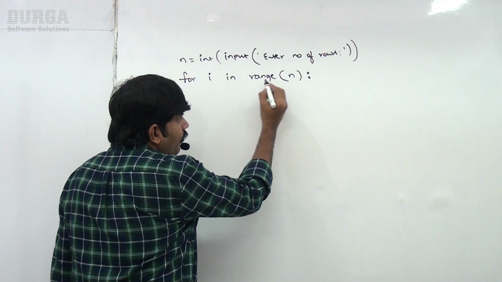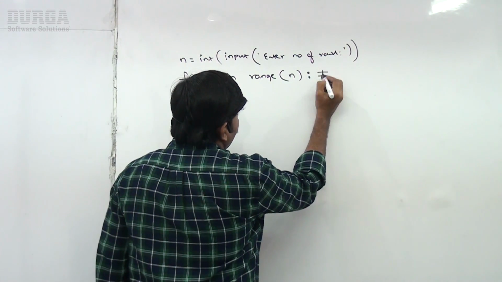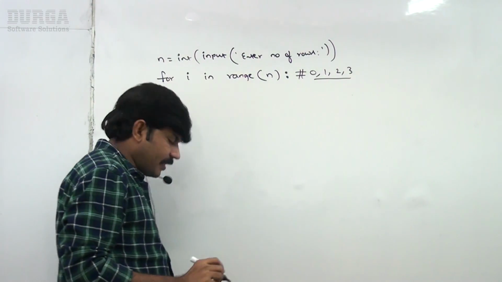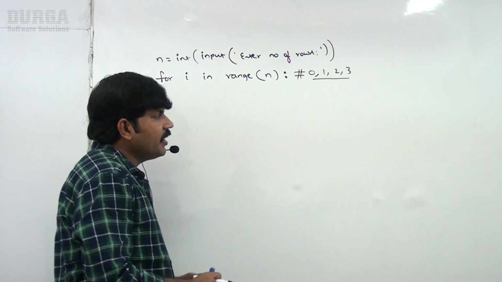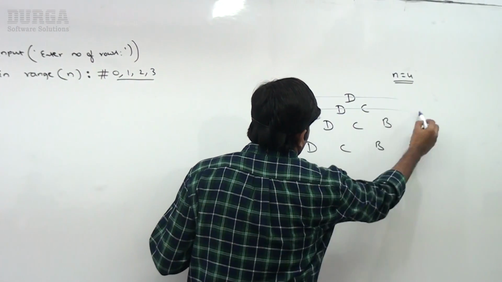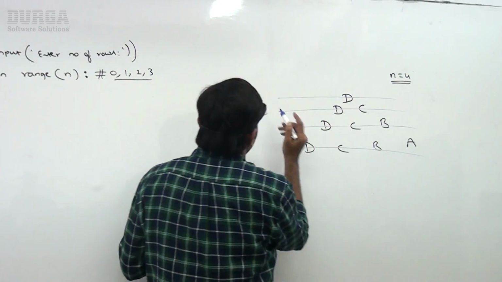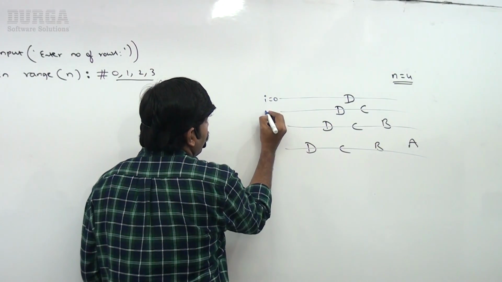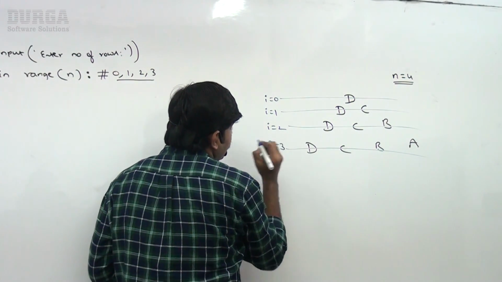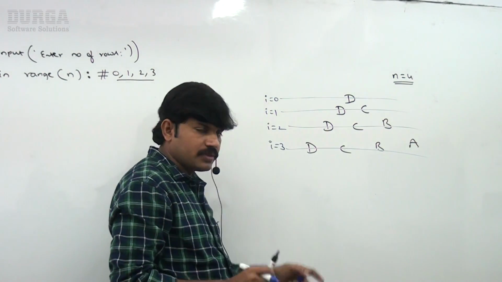Range of 4 means the possible values are 0, 1, 2, 3. Take very special care. This i is the row number: i is equal to 0, 1, 2, 3.